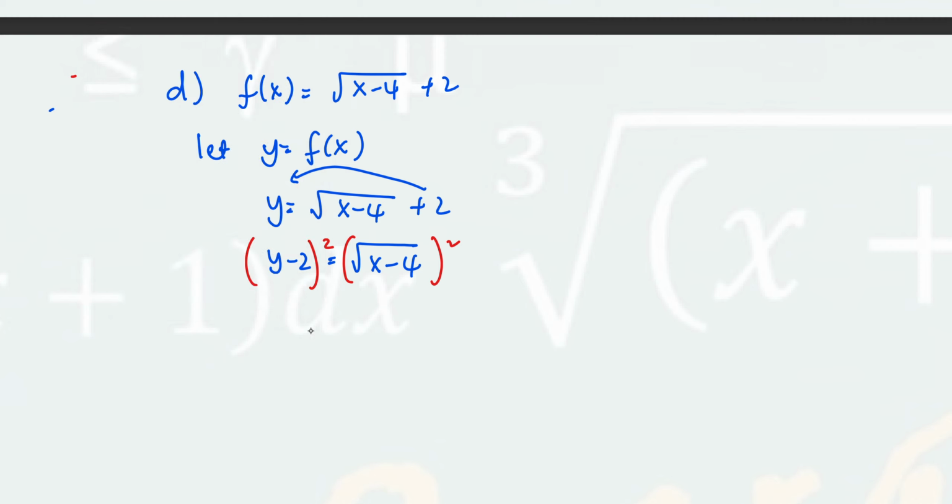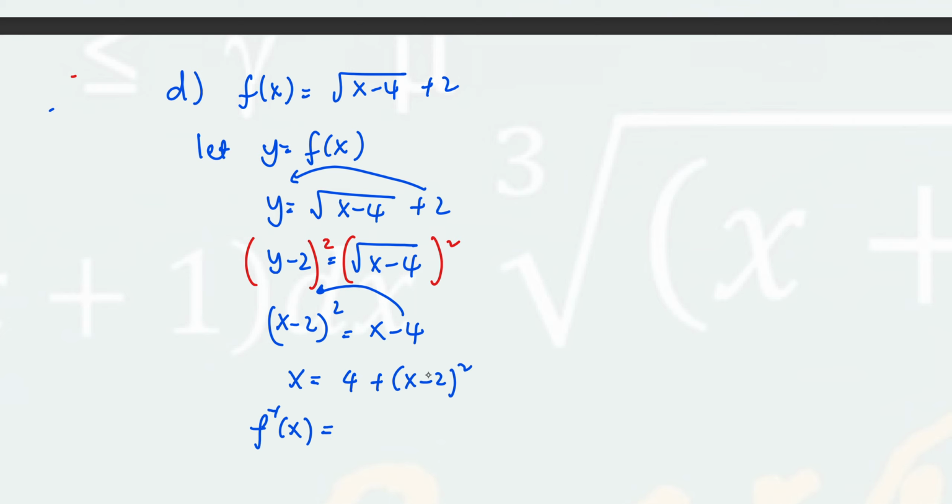So now here I will be getting (y minus 2) squared equals x minus 4. Hence my x is going to be, just move the minus 4 to the other side, 4 plus (y minus 2) squared. Okay, and change the x into f inverse, and change the y into x. So this is my f inverse.